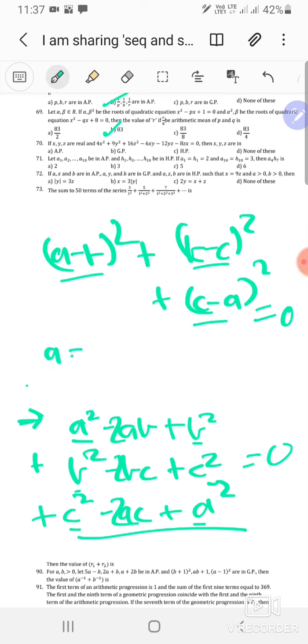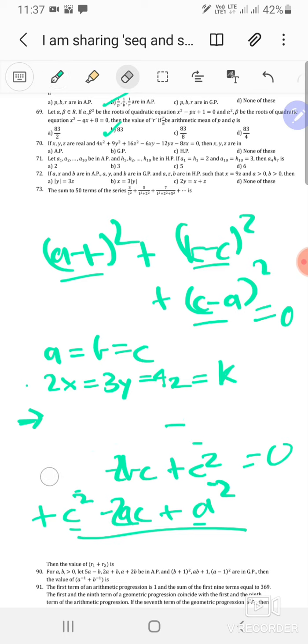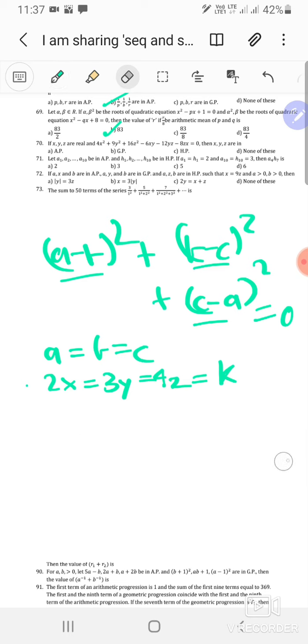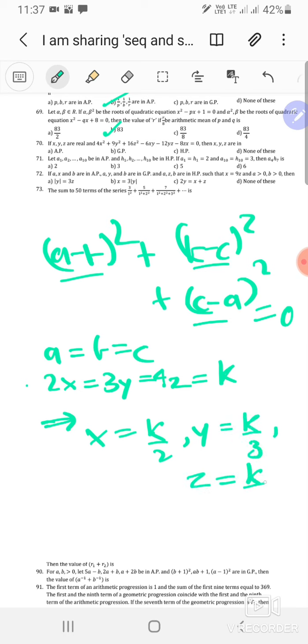So I have a is equal to b is equal to c, which means that what was a? A was 2x is equal to 3y is equal to 4z, which is equal to k for some value of k. Okay, so that gives me x is equal to k upon 2, y is equal to k upon 3, and z equal to k upon 4.